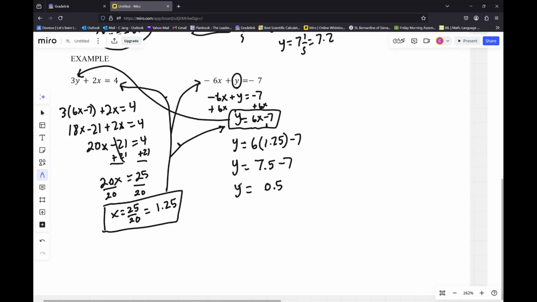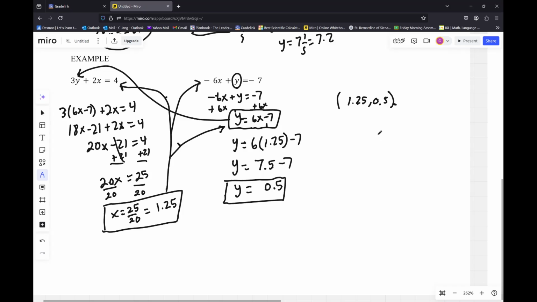So I have x is equal to 1.25, y is equal to 0.5, and that is my answer. And if you want, you could actually express this as an ordered pair, 1.25 comma 0.5, because if you graphed both of these lines, they would intersect at 1.25, 0.5. Okay?